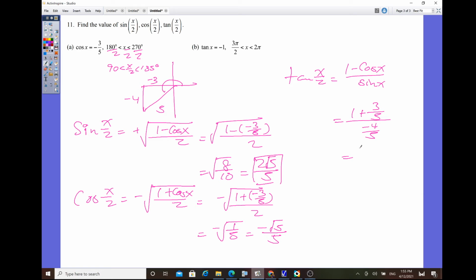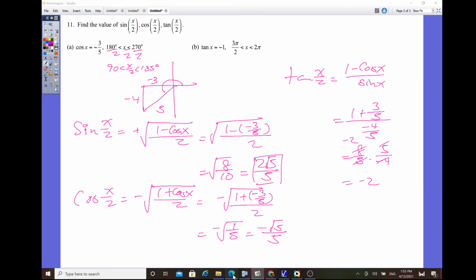So we got 8 over 5 divided by negative 4/5, multiplied by the reciprocal. So negative 2. Okay, so B, that's something quite similar to the one that we just did, but this one is in quadrant 4. So think about 11B.